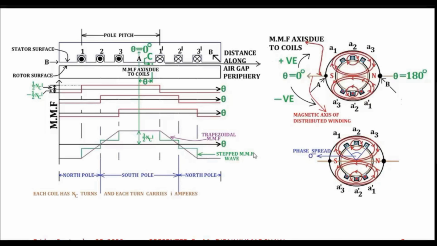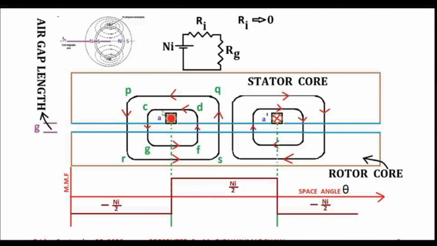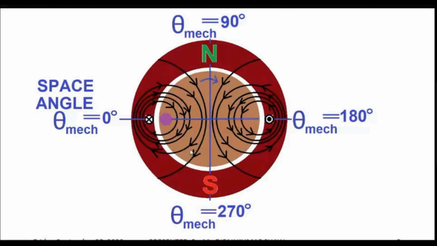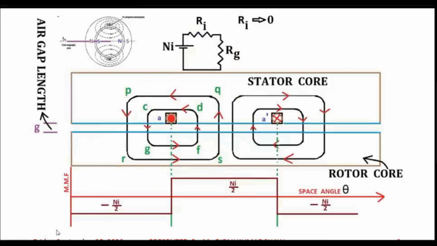Now, this stepped MMF waveform distribution can be further simplified or approximated by another waveform, which is your trapezoidal MMF distribution. So what you basically observe here is that if you are having only one coil over here, the nature of MMF distribution is like this, rectangular.